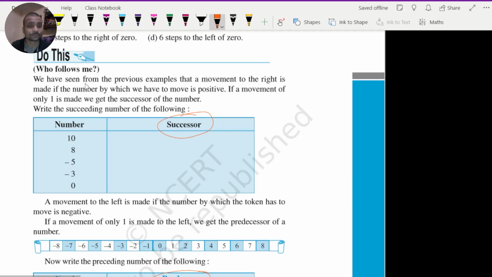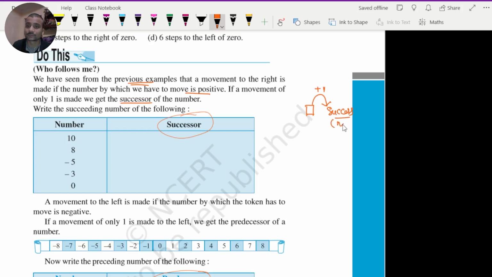It says that we have seen from the previous example, it means that some examples have already been given in this chapter, that movement to the right is made if the number by which we have to move is positive. If a movement of only one is made, we get the successor. The same thing I made you understand, hope, in the whole number chapter. If I add one, it becomes the successor.